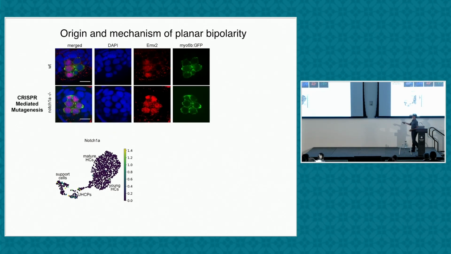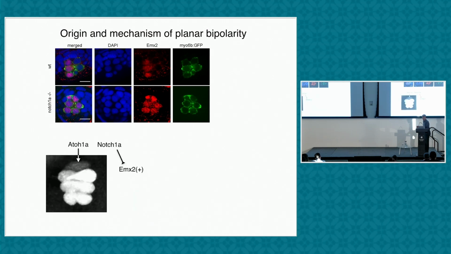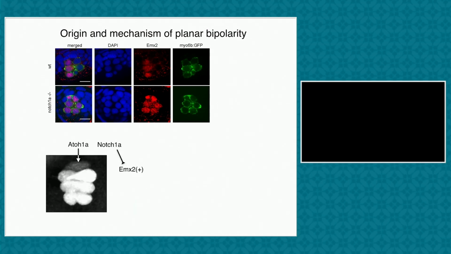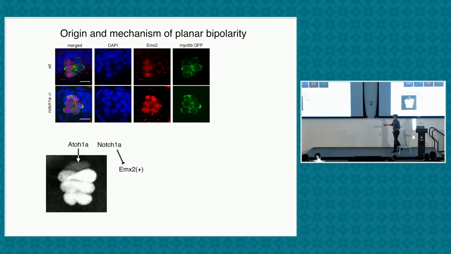And what we obtain is a situation where every hair cell in the neuromast expresses EMX2. In other words, atonal is necessary for the production of progenitors, and somehow between here and here, Notch1A is going to repress EMX2 expression in one of the 2 siblings.